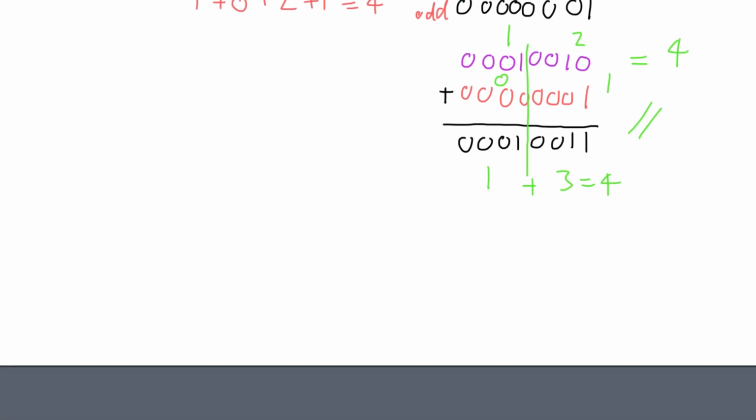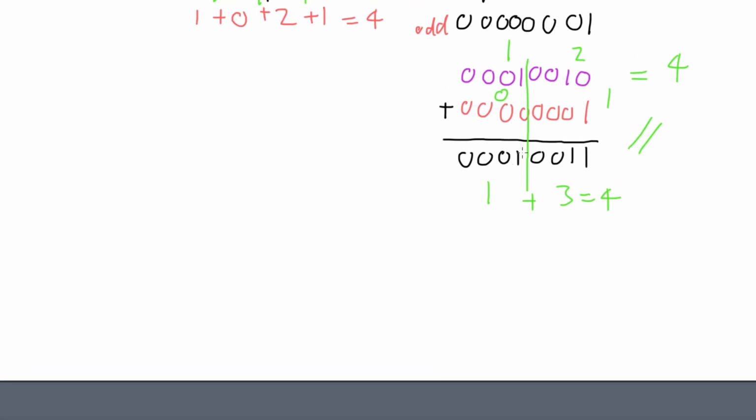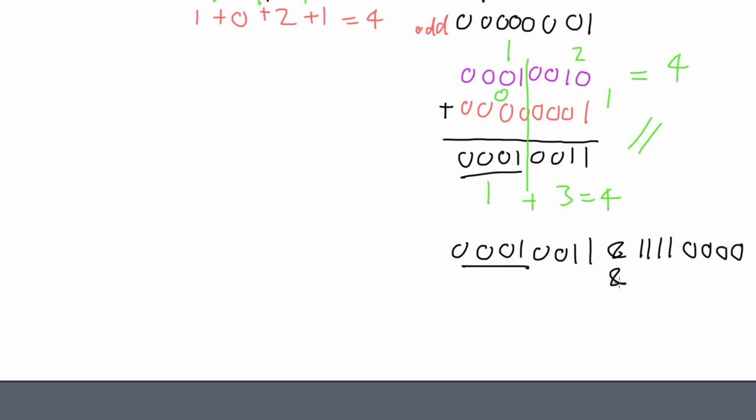And actually, we don't have to do anything else because we can just mask these two numbers by having 0 0 1 0 0 0 1 0 0 1 1. And we can mask that with 1 1 1 1 0 0 0 0 to get this left side, and we can mask it with 0 0 0 0 1 1 1 1 to get this side.